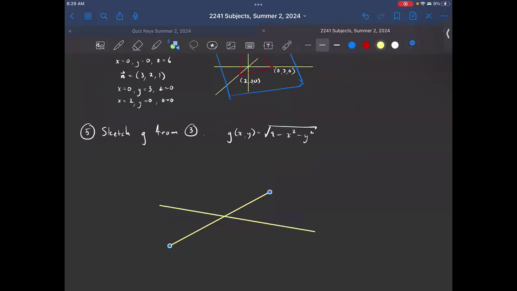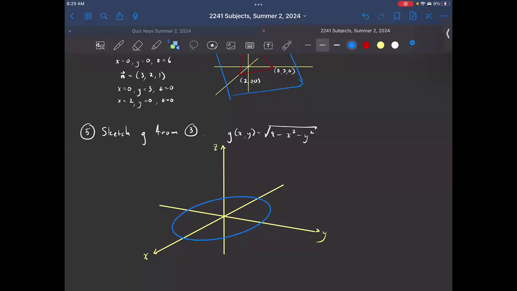So here are my axes, x and y. And then I need a z-axis, of course. We'll go ahead and label those: x, y, z. And then I have a circle in the plane as my domain.